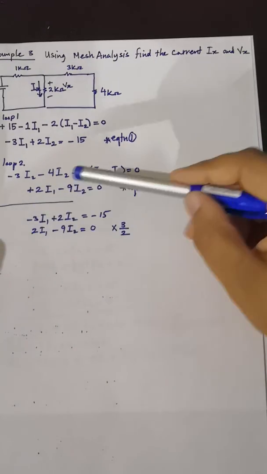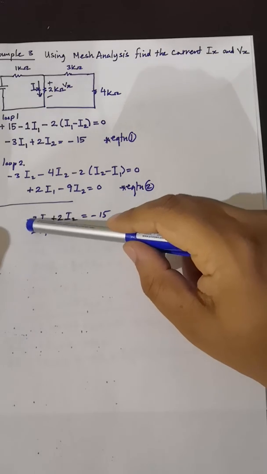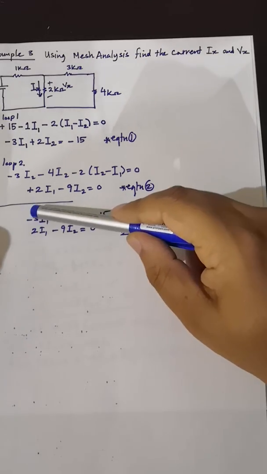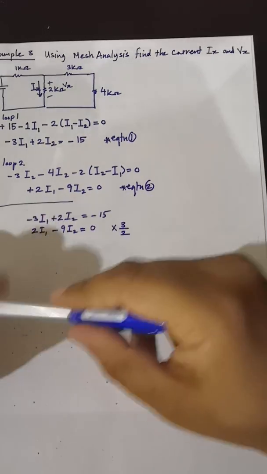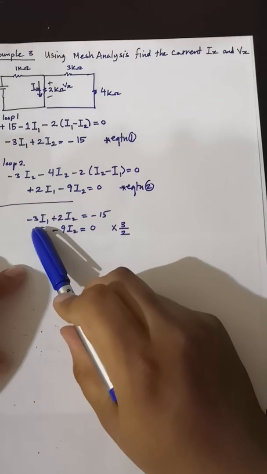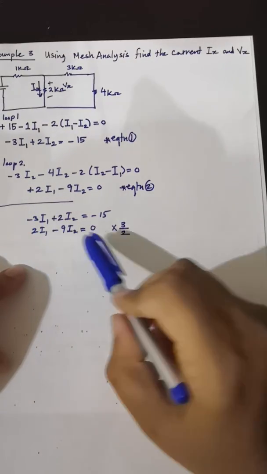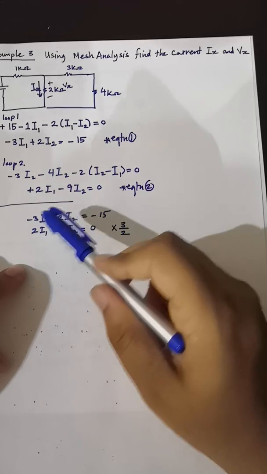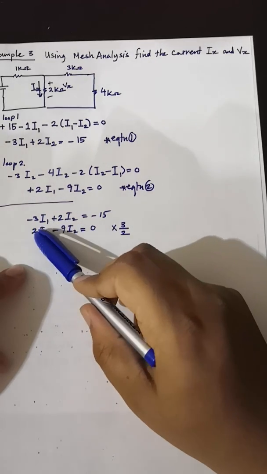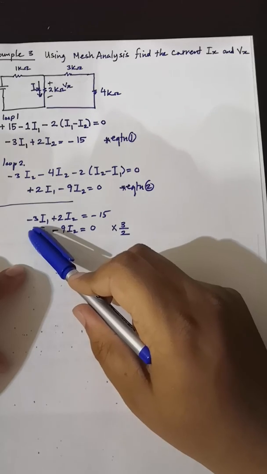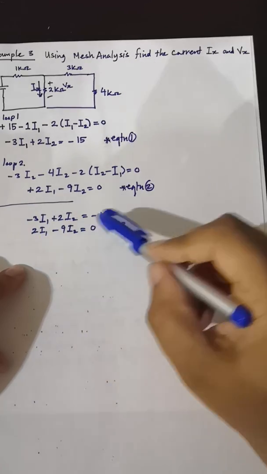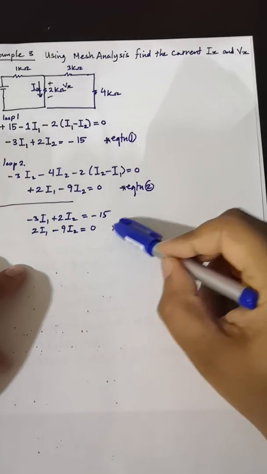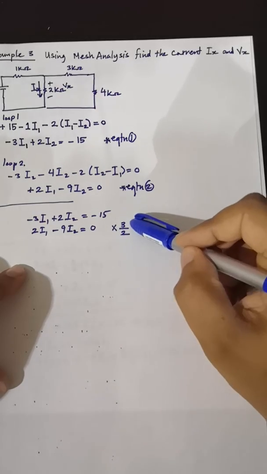I have to change this 2 to make it equal to 3. So in order for me to change this 2 and make it equal to 3, I have to divide by 2 and then multiply by 3. So if I divide by 2, this will become 1. And then I multiply by 3. So I will multiply the whole equation by 3 over 2.